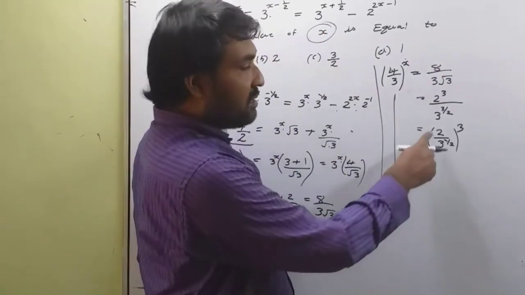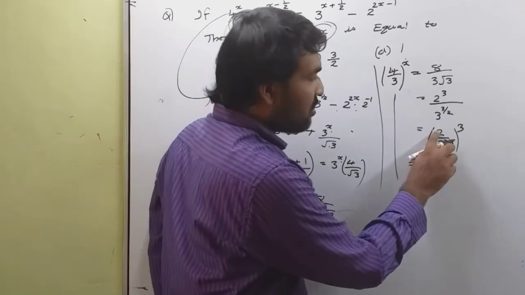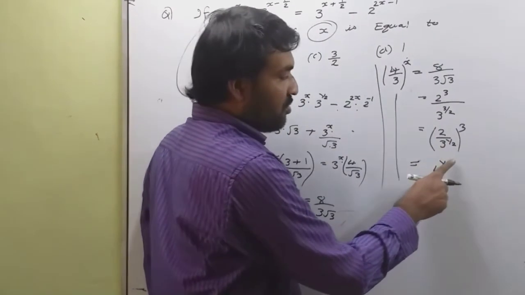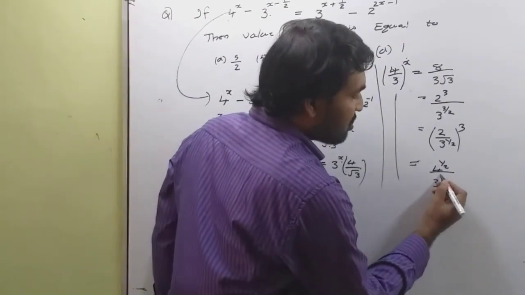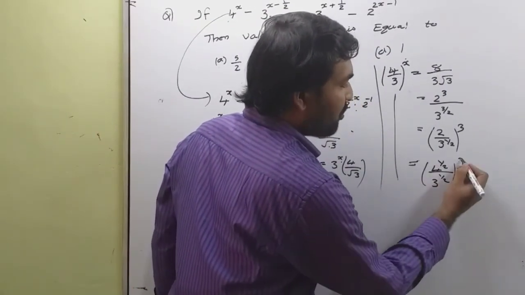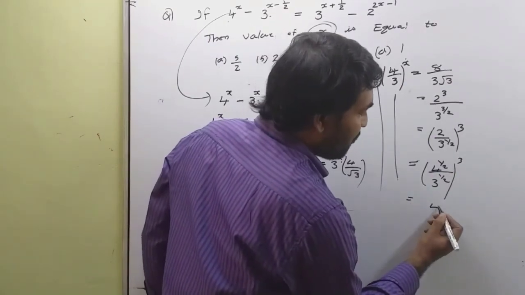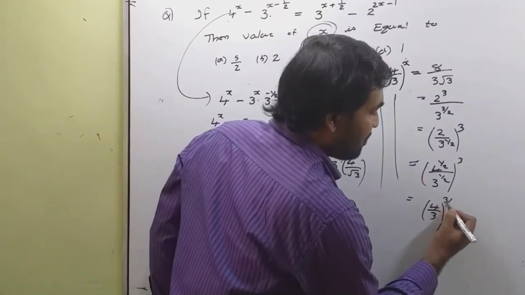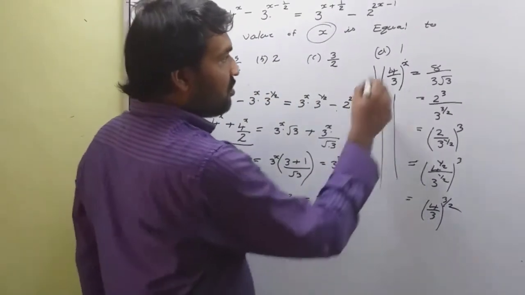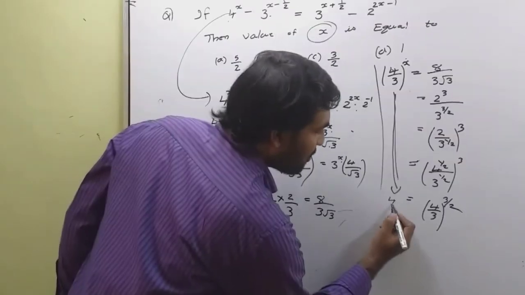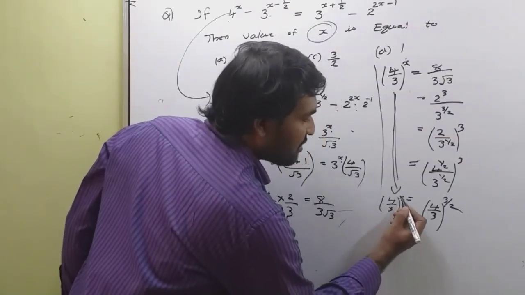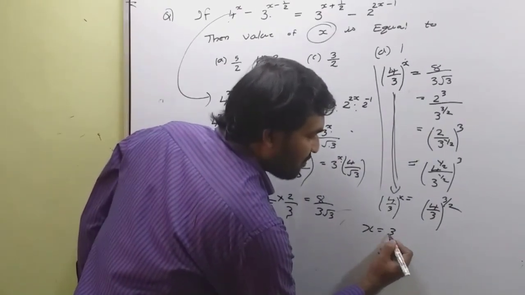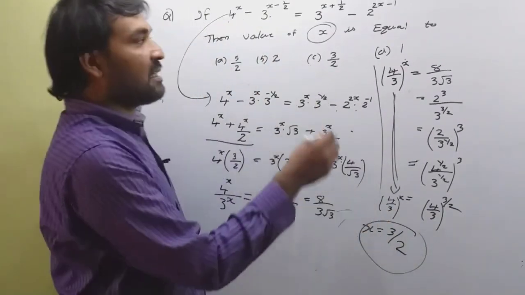Now you can write 2 as 4 raised to 1 by 2, so 2 can be written as root 4. So this is (4 by 3) raised to 1 by 2, whole cube, which is equal to (4 by 3) raised to 3 by 2. Now this is (4 by 3) raised to x. Comparing the exponents, that gives x is equal to 3 by 2. So the correct answer is C.